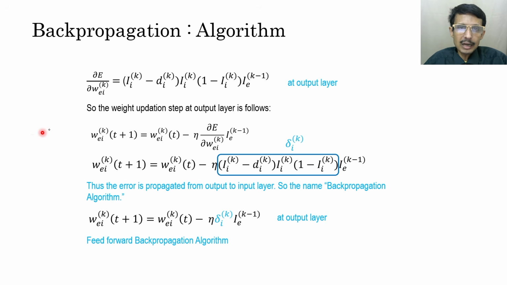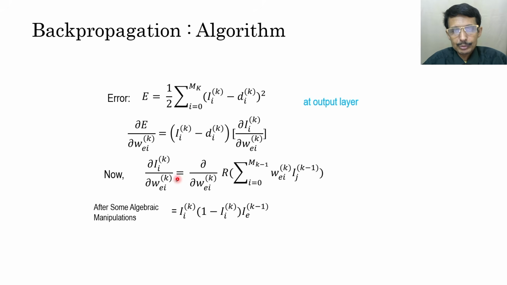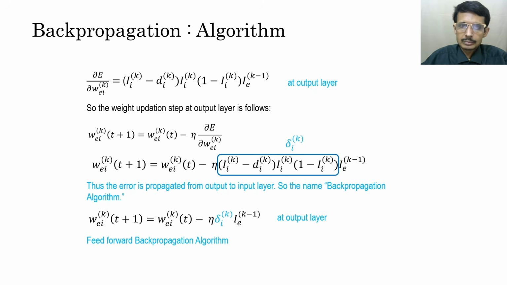Now at the output layer, if we put these values in here, this is our error gradient. It becomes the predicted output minus the desired output, times O_ik times 1 minus O_ik.